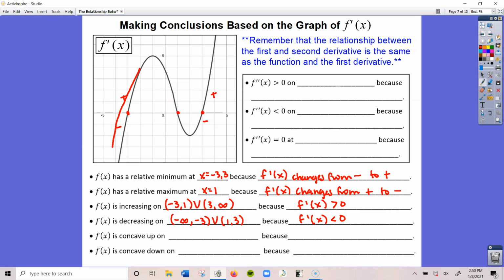So it's increasing here up until this point, and then decreases until here, and then increasing again. So f of x would be concave up from negative infinity until negative 1, union from 2 to infinity. And we would say because f prime of x is increasing.